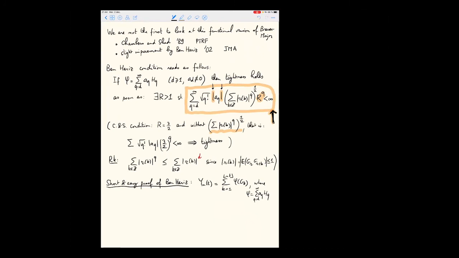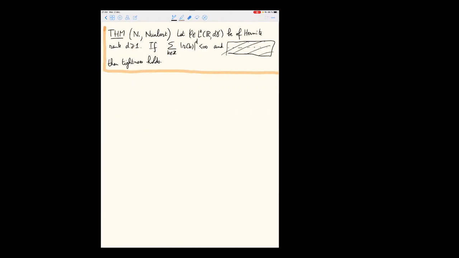Okay, so now let me write what we need in order to have tightness, what we need to add with David. We just need to add that my phi from the beginning is not only in L2, but actually belongs to L^p for some p strictly bigger than 2.